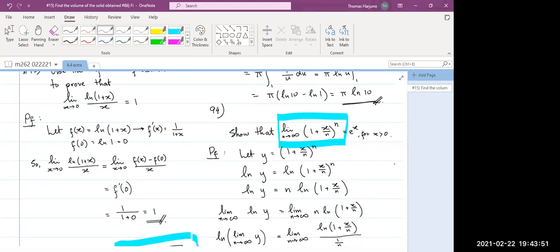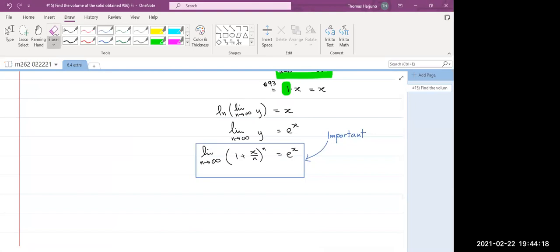Because what we did here is actually a limit of an exponential, a logarithmic limit. So instead of attacking the limit right away, we take a look at the logarithm first: the log of that expression, take the limit, and then change it back to exponential. So you start from y, you apply natural log, and then you apply the limit.